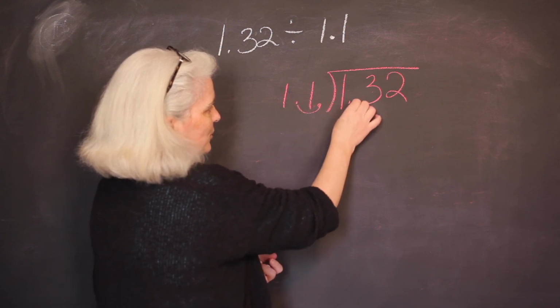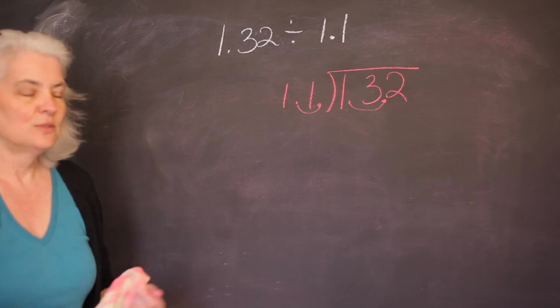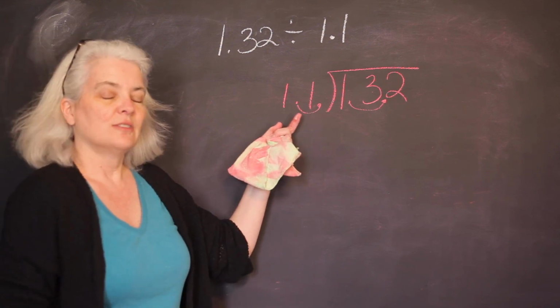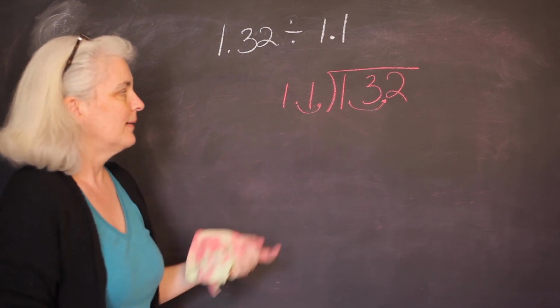If I multiply this by 10, I get 13 and 2/10. So 1 and 32 hundredths divided by 1 and 1/10 is the same amount as 13 and 2/10 divided by 11.